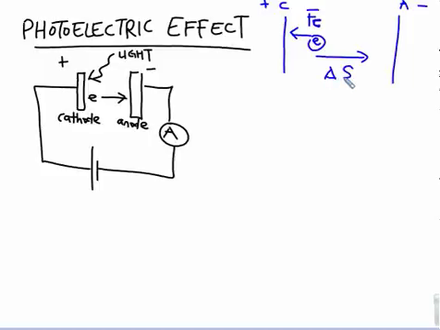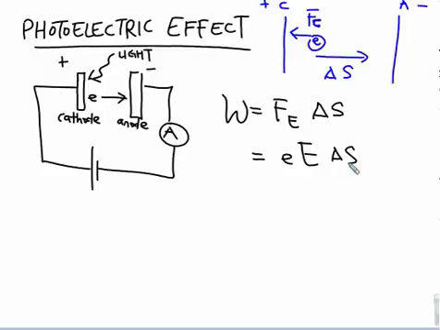So the work done on this electron, right, is given by the electric force on the electron multiplied by its displacement. Now, we know that within this, there is an electric field that is set up. So the electric force, right, is actually given by the charge of the electron multiplied by the electric field strength, multiplied by the displacement.